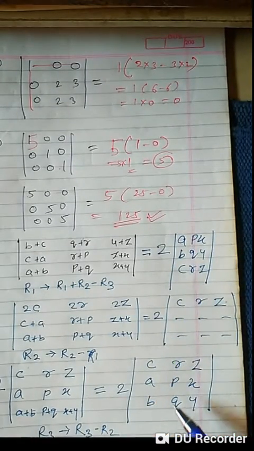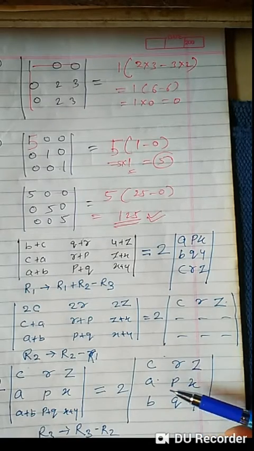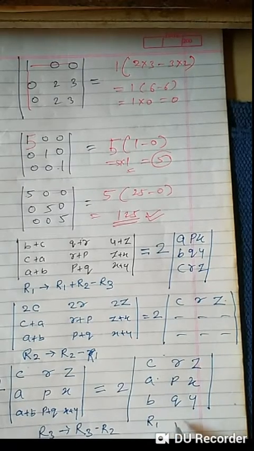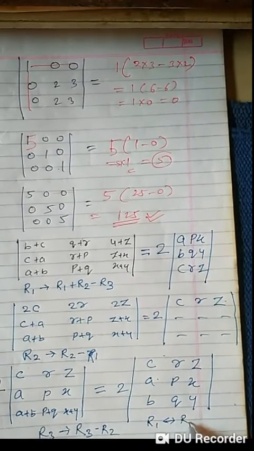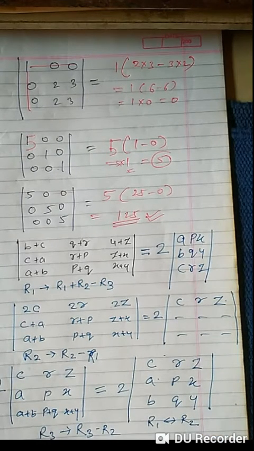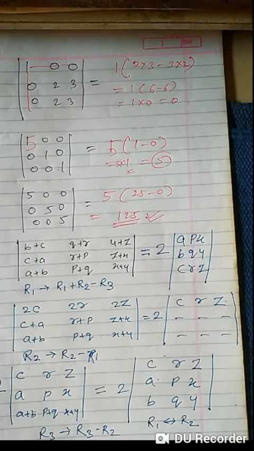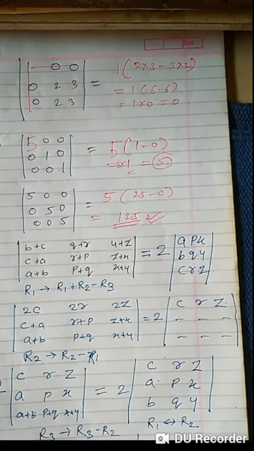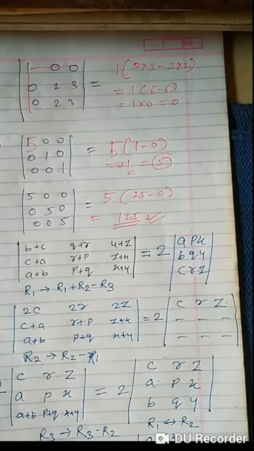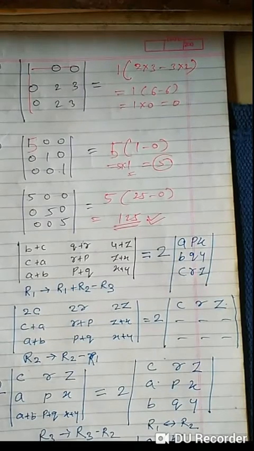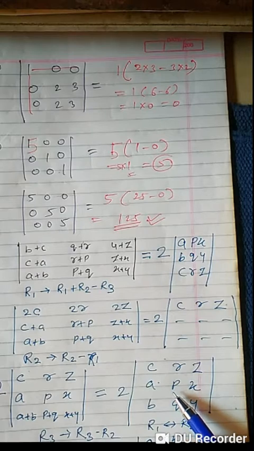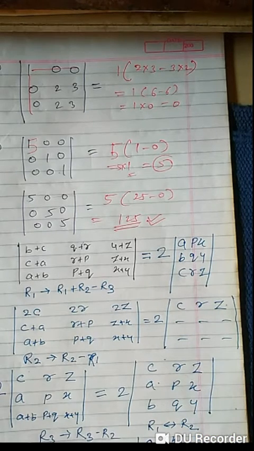So what you can do, you can exchange rows. How to exchange? Firstly, you exchange R1 and R2. If you exchange this, you will get negative of 2, APX, CRZ, BQY. Here also we used one property, that if two rows of a determinant are exchanged, we get a negative. We exchanged R1 and R2 and we got negative.